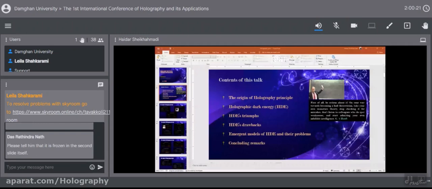According to Boltzmann again, the entropy of a system is proportional to the Boltzmann constant times the logarithm of the number of microstates. Here you see this green equation.